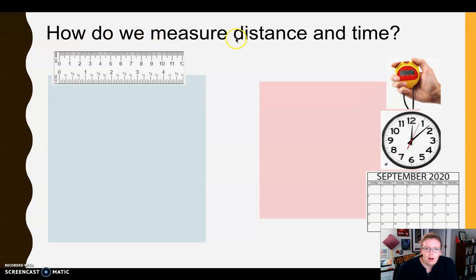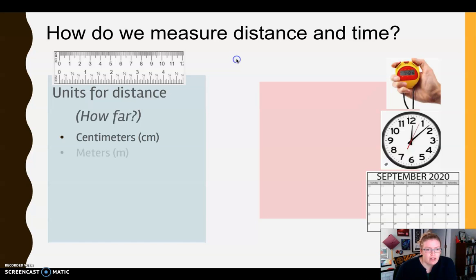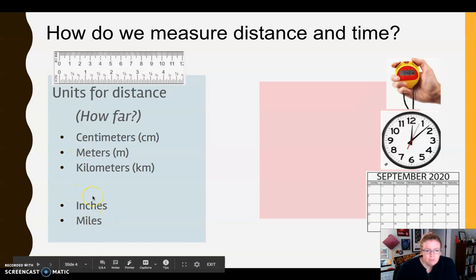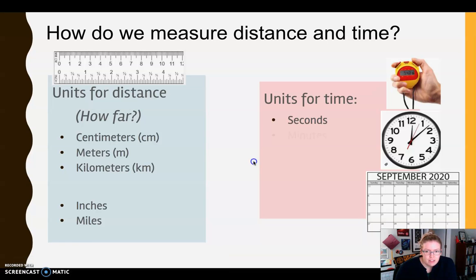But I want to review our ways of measuring distance and time. We have lots of different units for distance, and distance measures how far we go. We have centimeters, meters, kilometers, inches, and miles. The first ones are part of the metric system, and the last ones are part of the US system. For time, we also have a lot of units: seconds, minutes, hours, days.